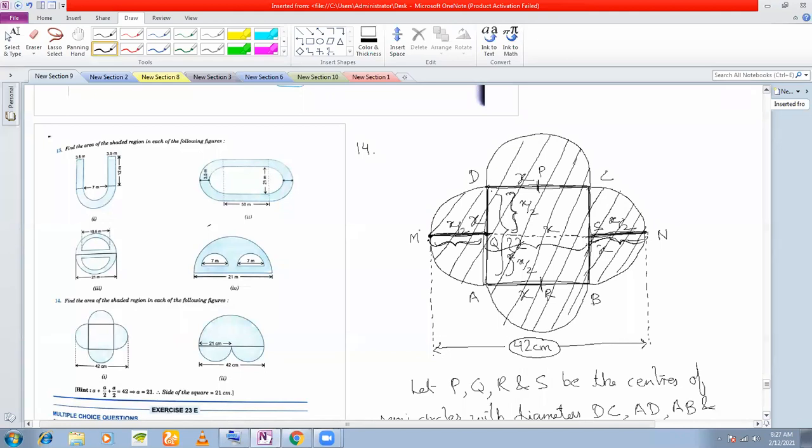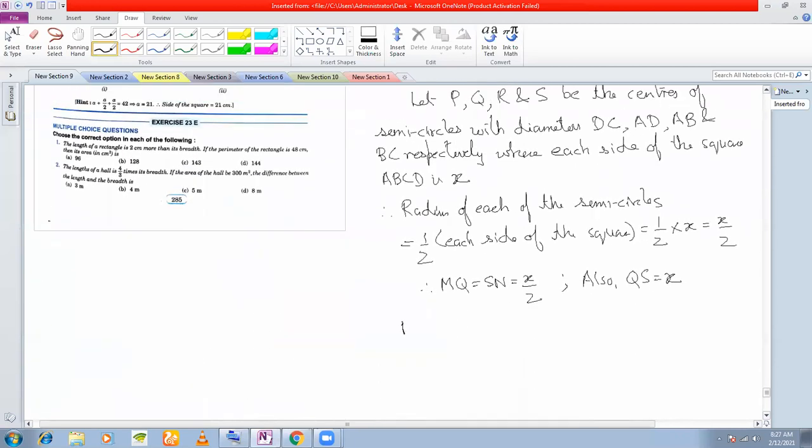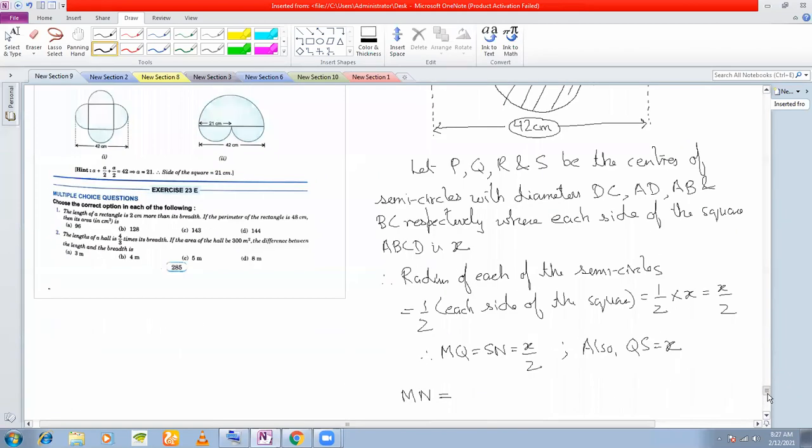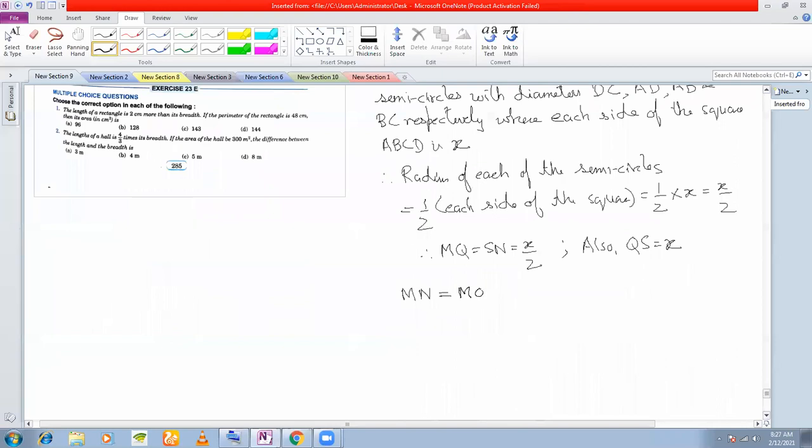So first we shall find out the distance between M and N. What is the distance between MN? MN is equal to this length x by 2, plus this dotted line here x, and this length here SN. So MN is equal to MQ plus QS plus SN.